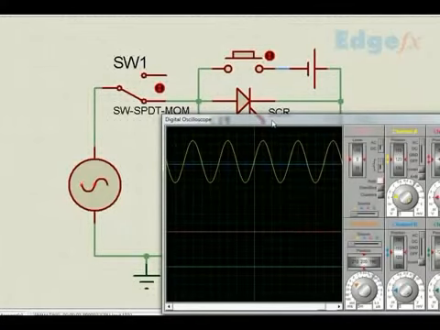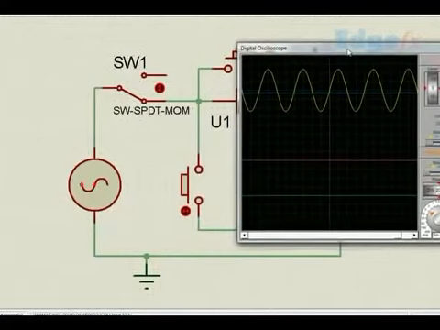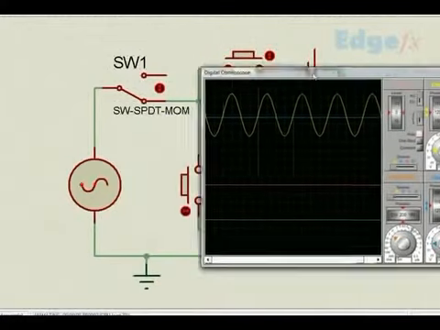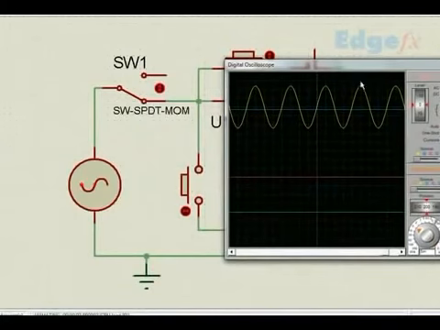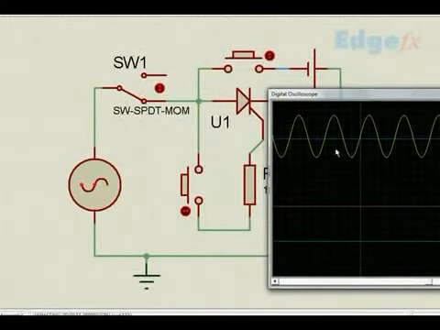I have connected a CRO at this point. Channel 1 is connected to this point, so I get the AC supply here, right? And we know it can conduct only when this side is positive and this side is negative, as if in a half wave rectification.